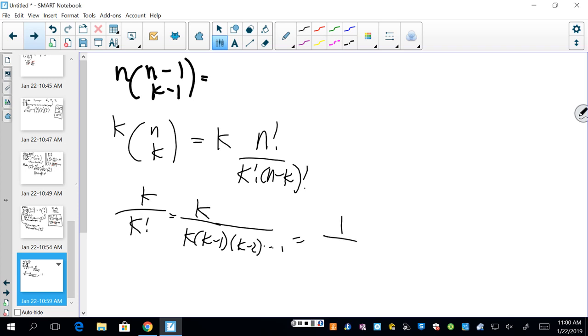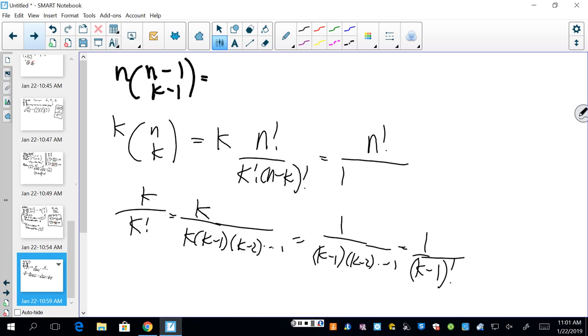So it's 1 over k minus 1, k minus 2, all the way down to 1. And that's 1 over k minus 1 factorial. That's simple. So this thing can be written as n factorial over k minus 1 factorial and n minus k factorial. A couple steps there to simplify that.